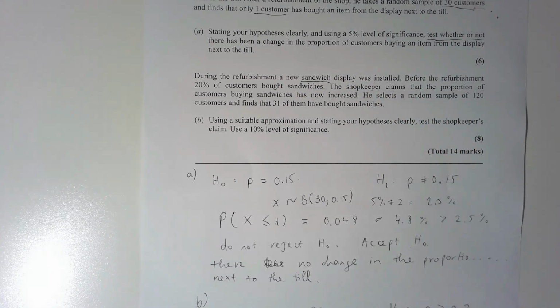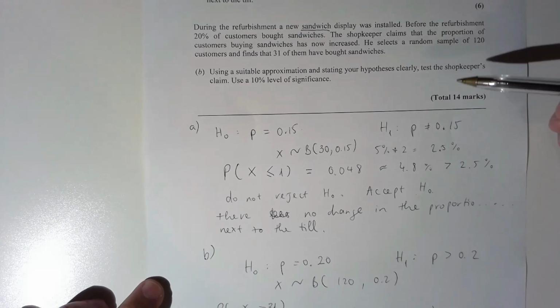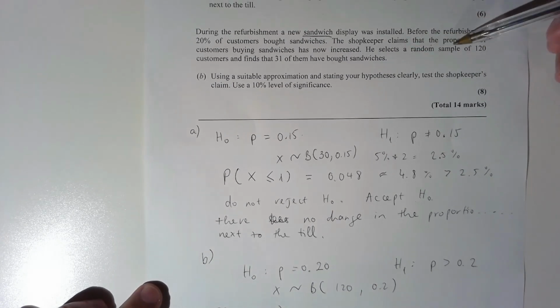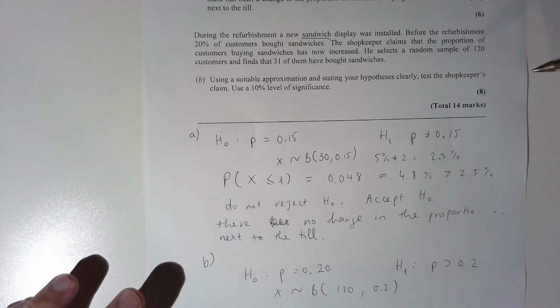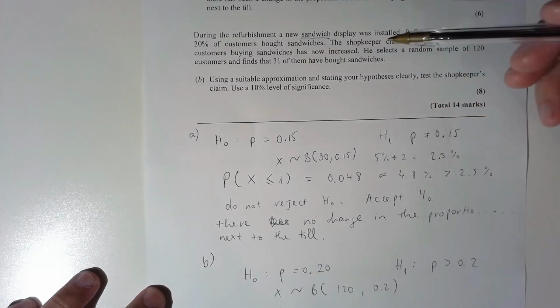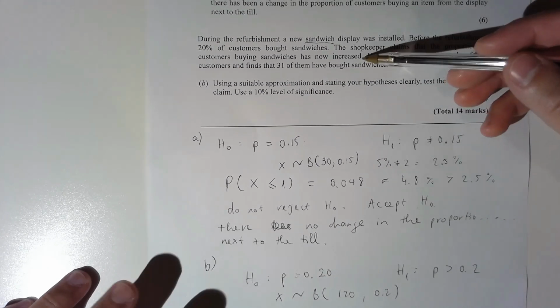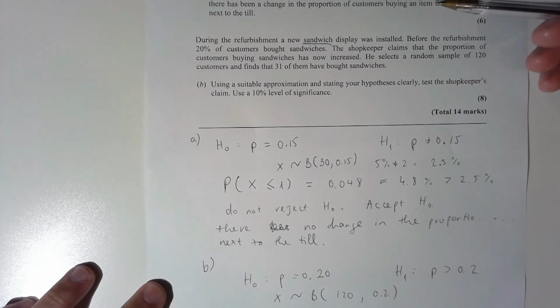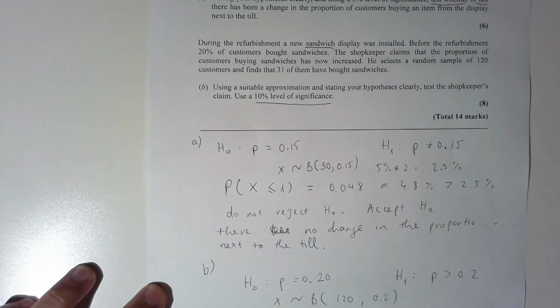So you can see that P will now be bigger than 0.2. Now he selects a sample size of 120 customers, quite big, and you find out 31 of them bought a sandwich. But from this question, you know that it increased. That means it has to be a right tail, okay? And the 10% level of significance is the keyword too.